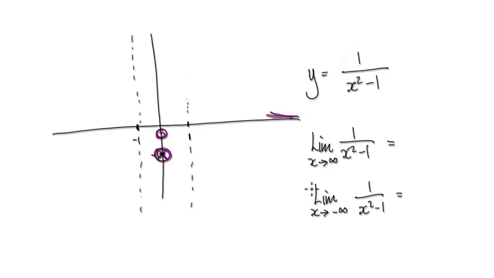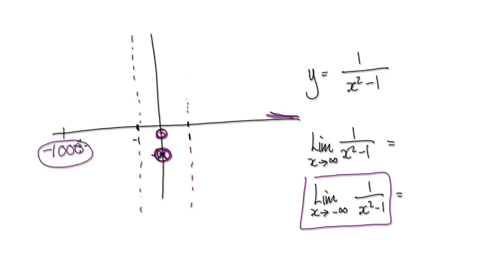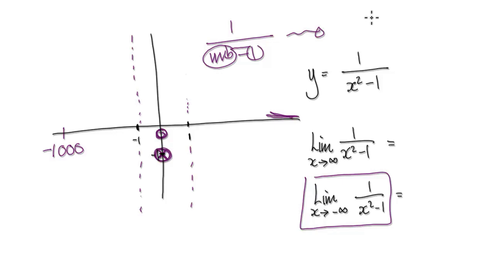And think what happens when x heads towards negative infinity, meaning what happens if you keep on walking to the left hand side of the graph. Let's put a big negative number in here to investigate. When you put negative 1000 into here and square it, it gets rid of the negative. So you're going to have 1 divided by a very, very big positive number, take away 1, which is the same as 1 over very, very big.